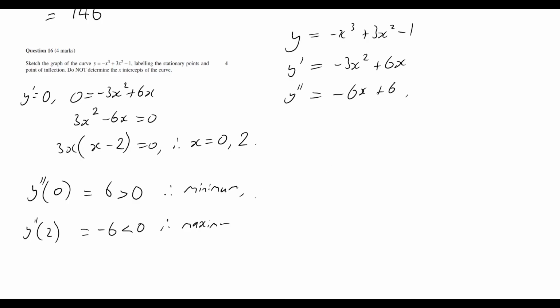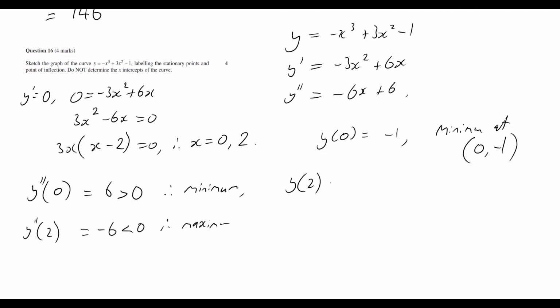So looking at our minimum point, well, it's at 0. So that's actually just going to end up being our y-intercept, since we know that y of 0 is just going to be equal to 0 plus 0 minus 1. So that means we can say now minimum at, and let's write that in coordinate notation, (0, minus 1).